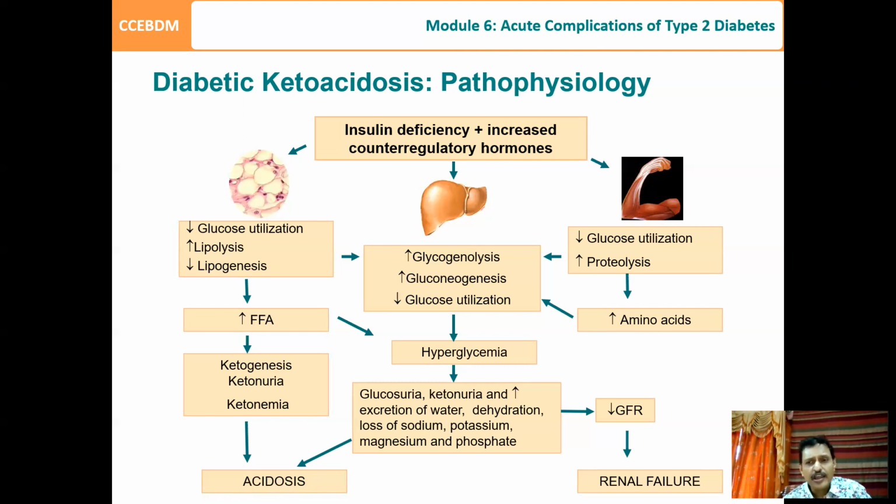So the kidney actually acts as a safety valve as far as diabetic ketoacidosis or the hyperosmolar state is concerned. If the kidney function is normal, then it prevents the patient from developing a severe degree of hyperglycemia, because the glucose in the blood will come out into the urine. It will produce dehydration, but it actually protects against the hyperglycemic state.